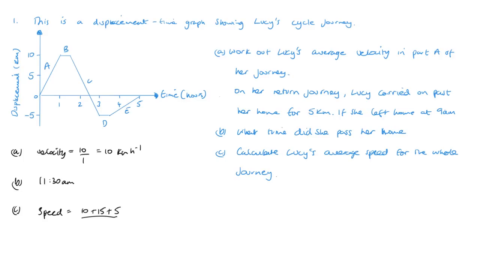Okay, and that is over 5 hours in total. So that is 30 over 5, which is 6 kilometers per hour. And that's all there is to it. Nice and easy. Let's look at question 2.